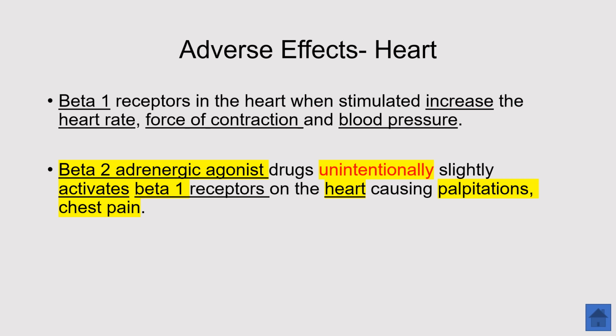They stimulate the heart to increase the rate, force of contraction, and the blood pressure. So when you give a beta-2 adrenergic agonist, it not only stimulates the beta-2 receptors, it also stimulates the beta-1 receptors on the heart a little, which causes palpitations and chest pain. So you have to be careful when you give this drug to a patient who has cardiac disease.